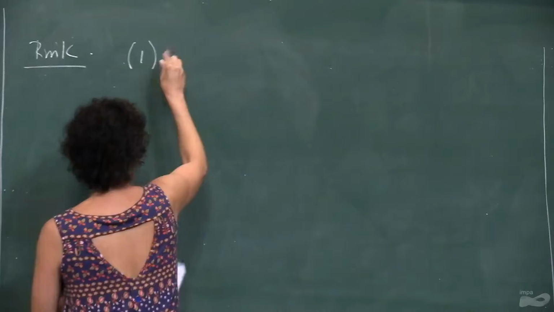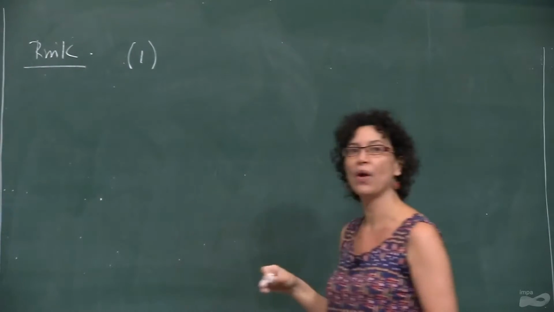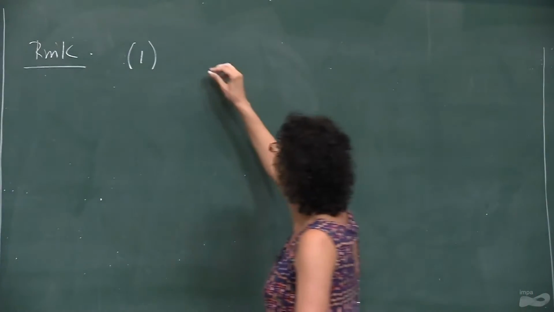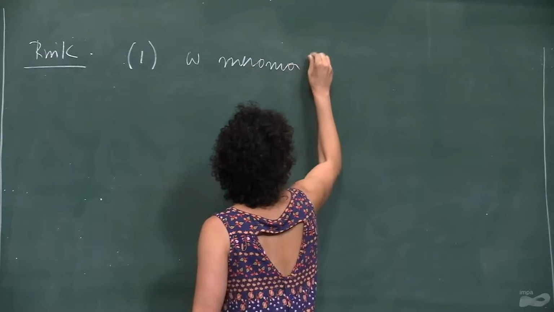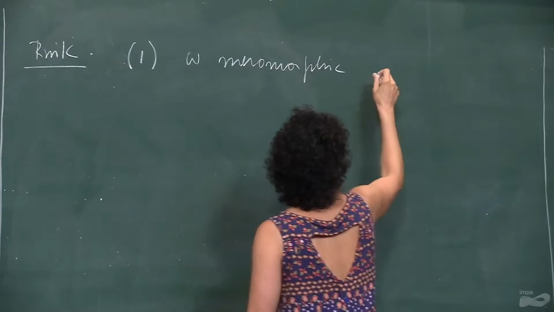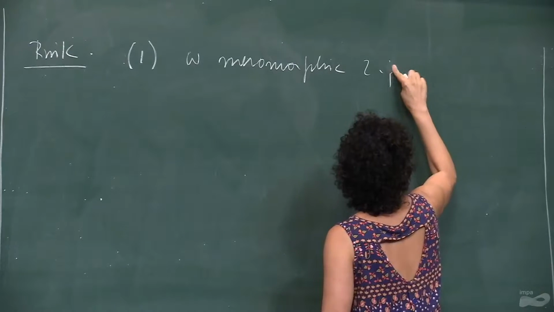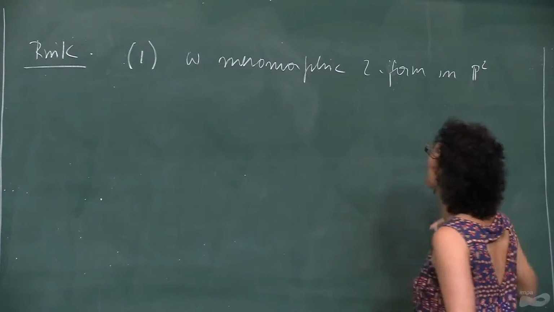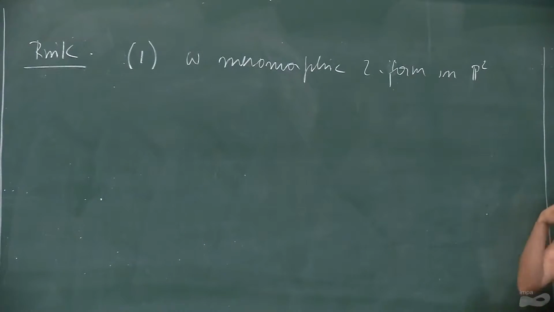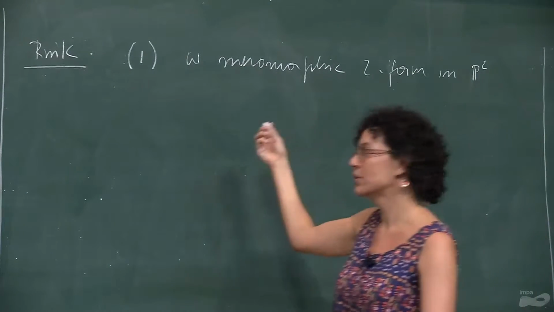Okay, so here, in P2, if you have any meromorphic 2-form omega in P2, I can consider the divisor associated to this meromorphic form.